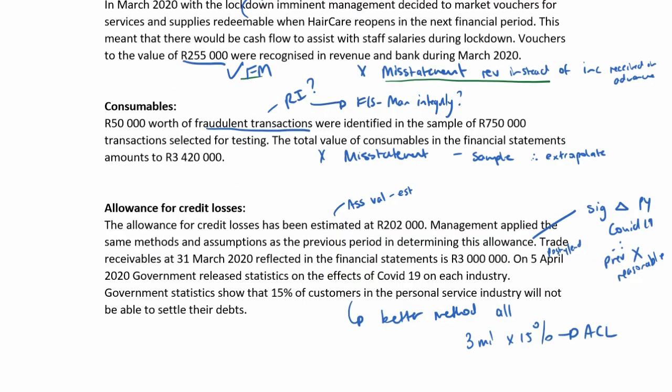Consumables, I've got here, there is a misstatement, but I've made a note here, it's in a sample, so therefore I have to extrapolate to get the potential misstatements in the entire population. Okay, so consumables.